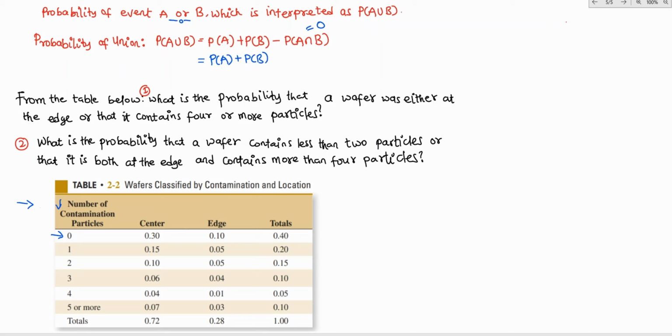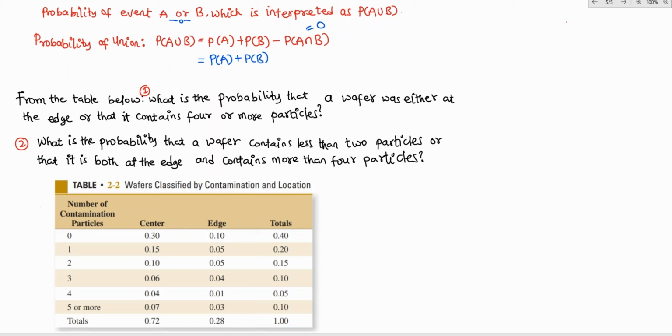Similarly, if you have a contamination number of 1 and you are at the center, you'll be given a probability of 0.15, and if you are at the edge, a probability of 0.105. So that's the explanation for the table. And then we have the totals also there.